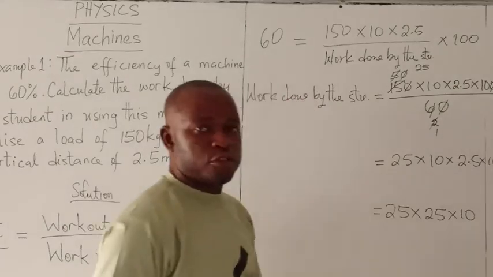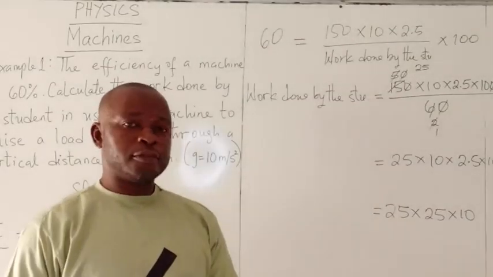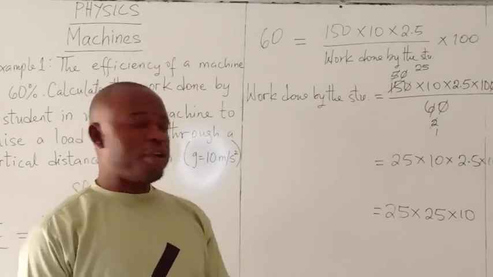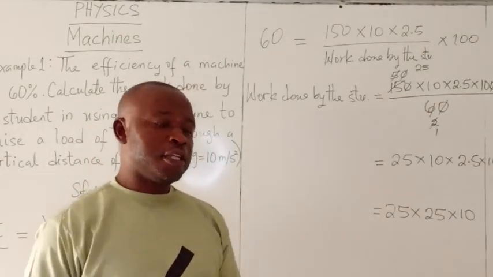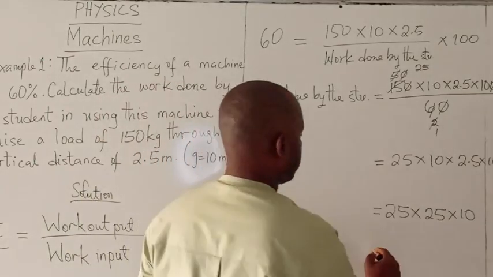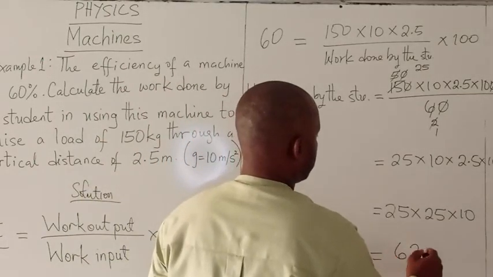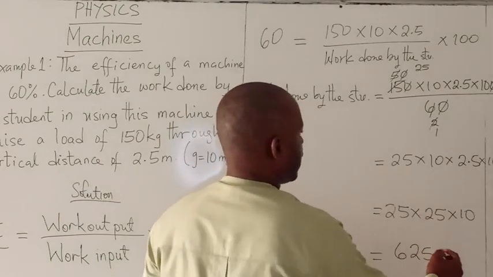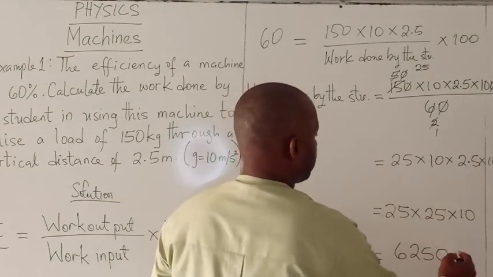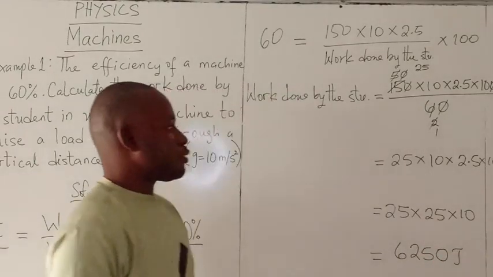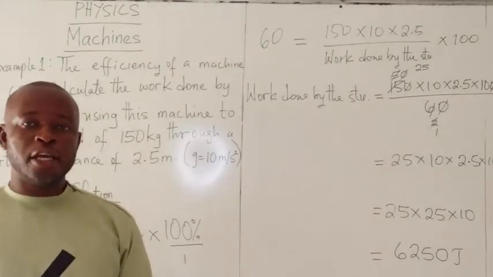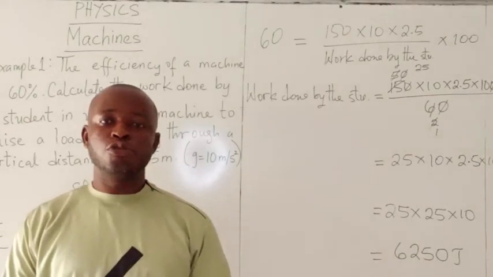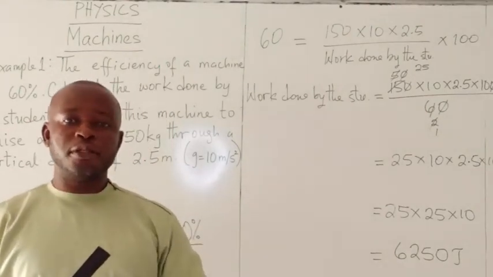When you were in JSS2, you studied squares of numbers. Were you able to do 25 times 25? What did you get then? It's 625. And now you're multiplying by 10 again. So you have 6250 joules. That is the amount of work done by the student in raising that load through that distance, 2.5 meters.